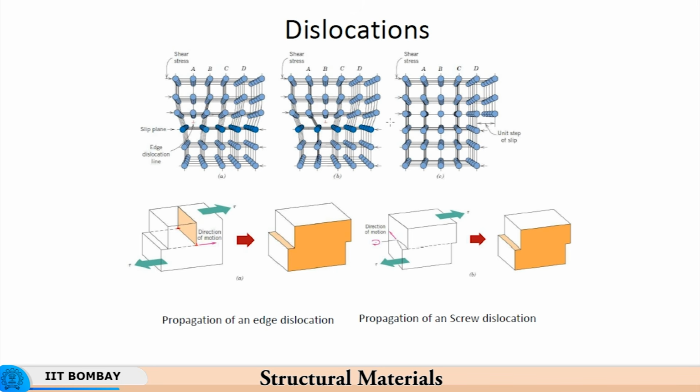Dislocations have to move. The dislocation movement starts so that the permanent deformation takes place. You cannot bring a dislocation back to its original position once it has moved by 1 unit step of slip.